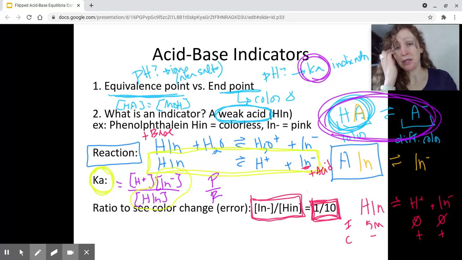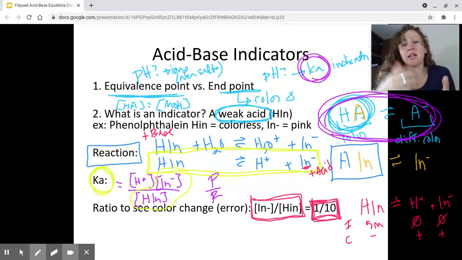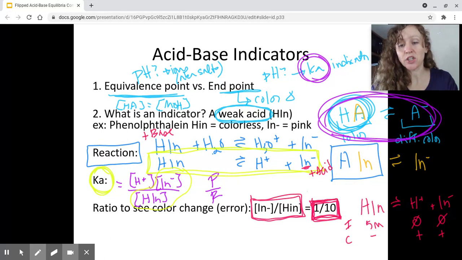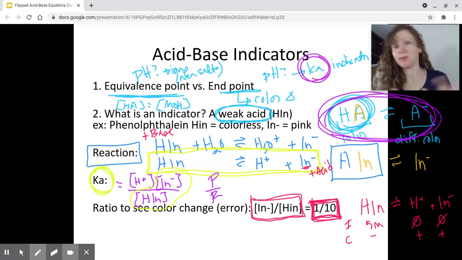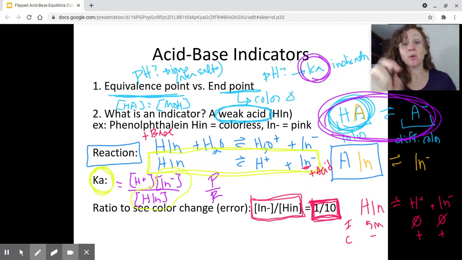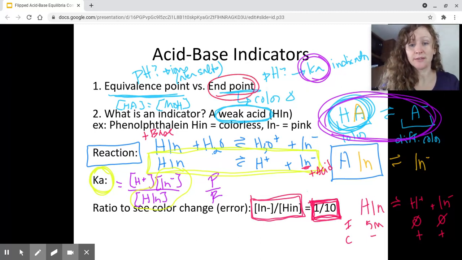It's not going to happen. You're not going to be able to perceive a color change the minute you get some IN molecules present. You actually have to build them up. And when it's about a 1-to-10 ratio between the two things, the acid and the conjugate base, then our eyes can perceive that it's a different color, and that's what we would call the endpoint.